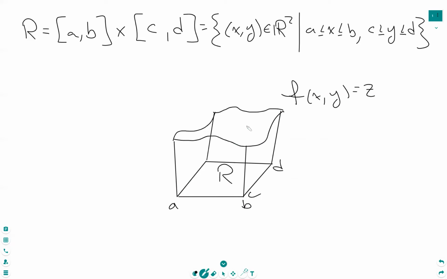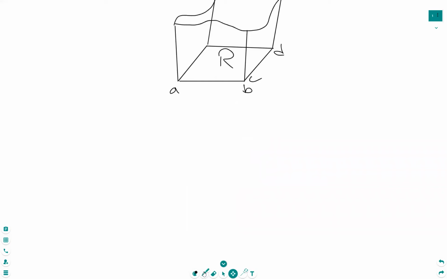So the idea here is, how can we start setting up an integral that might compute the volume of such an object, right? The volume of the object that goes from the XY plane up to our surface here. To approximate, and we're going to do this all the time, we're going to start with an approximation and then keep letting it get better and better.